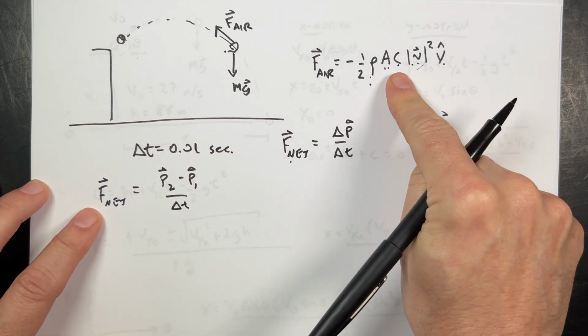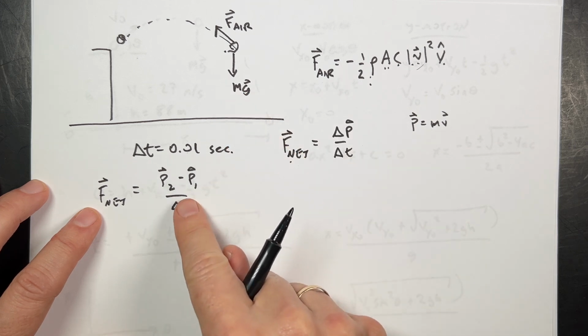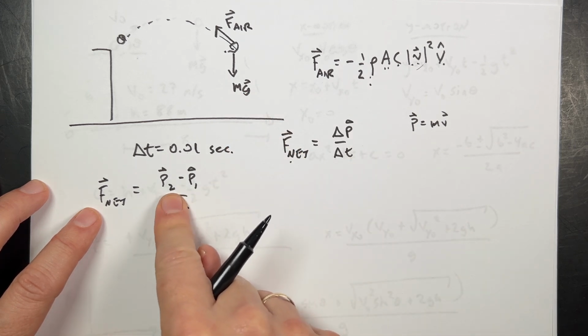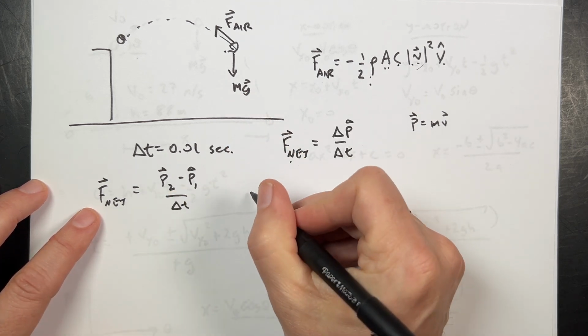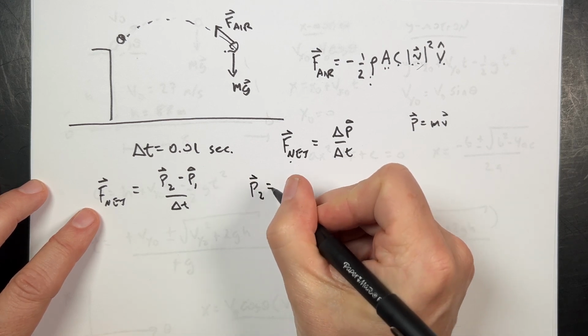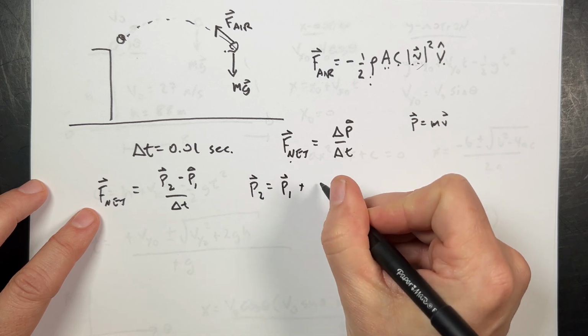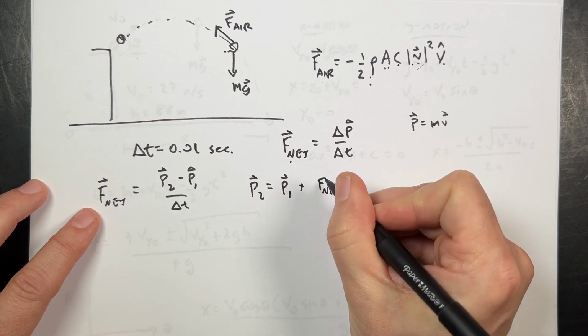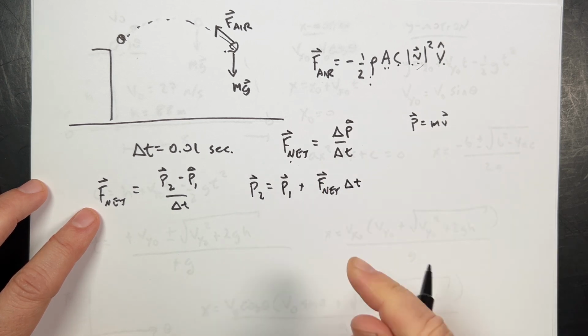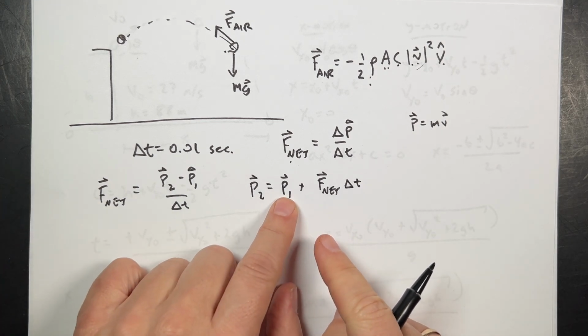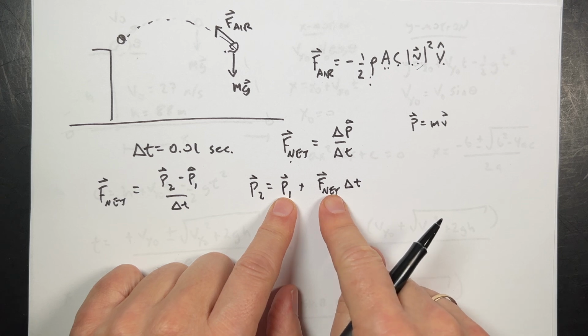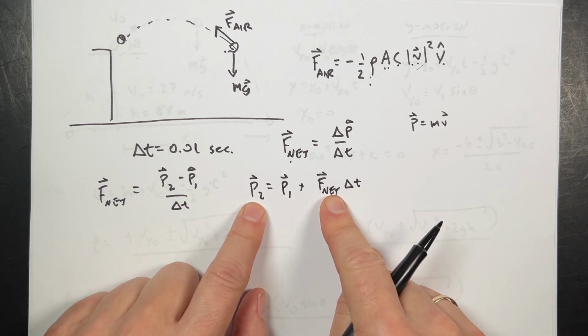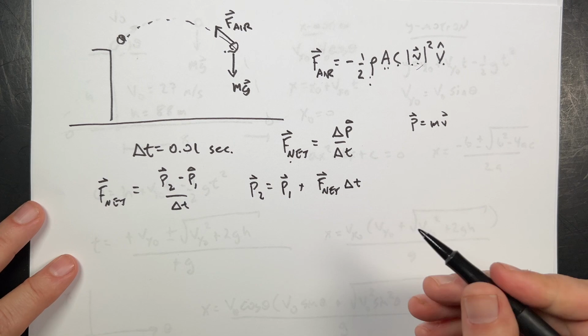So if I calculate that force, I know the change in momentum, and I can find the final momentum. I get P2 equals P1 plus F net delta t. So if I know the momentum at the beginning of the time interval, and calculate the net force, I can find the new momentum. And that's kind of a big deal.